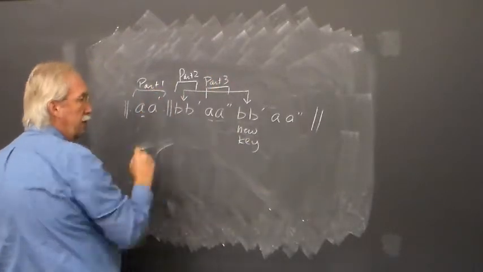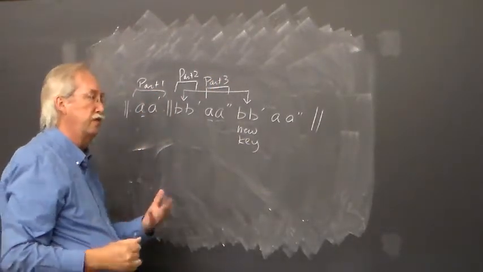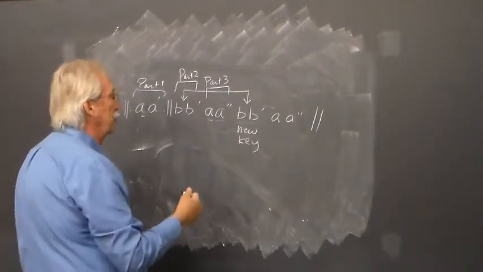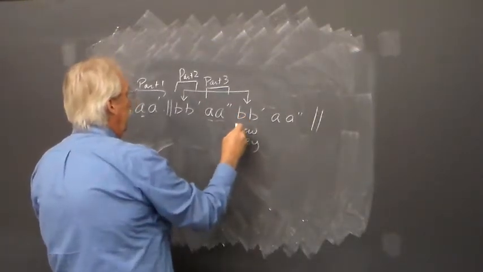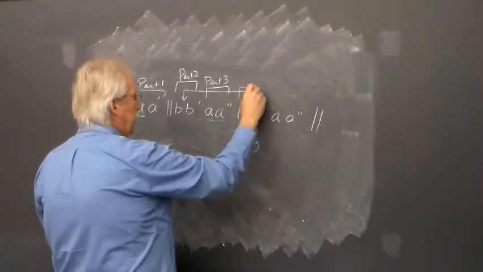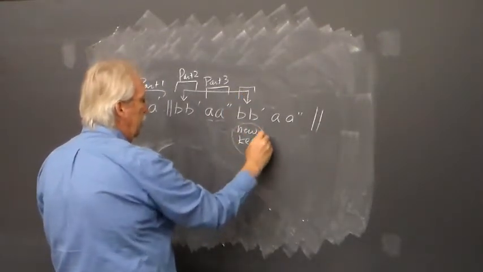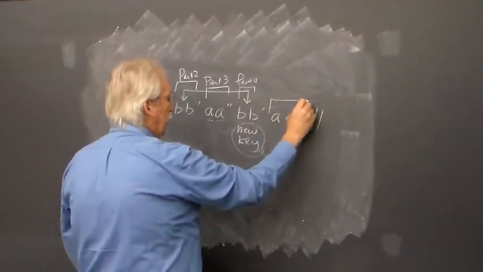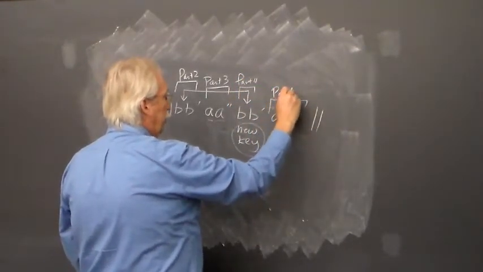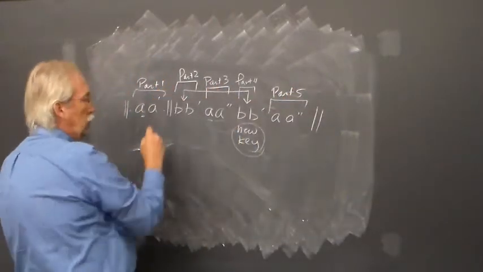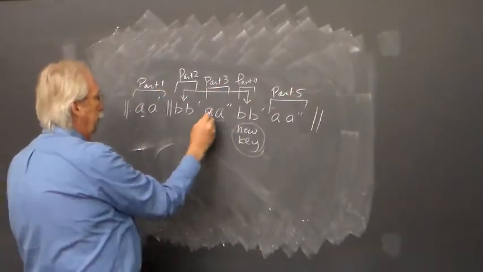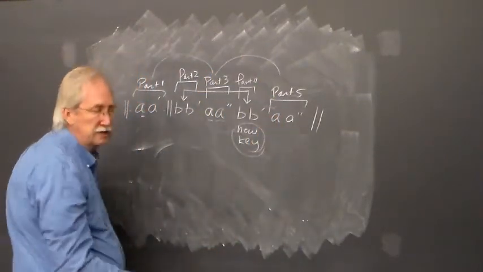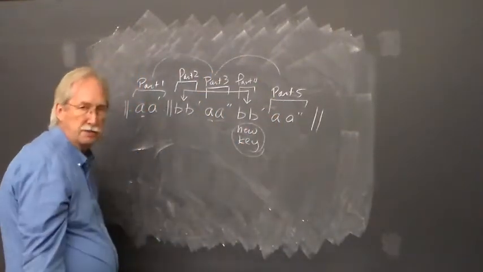That's one of the most important things just to have straight in understanding the basic pattern of song forms. And then this, if it's a new key, you call it part 4. And then, just like part 3 is a return of the opening part there, same with part 5. It's going to be the same idea that comes back.